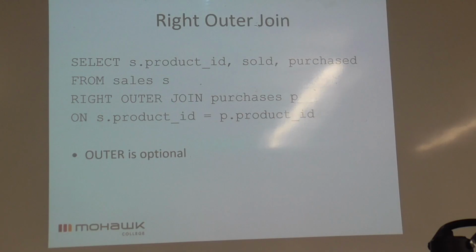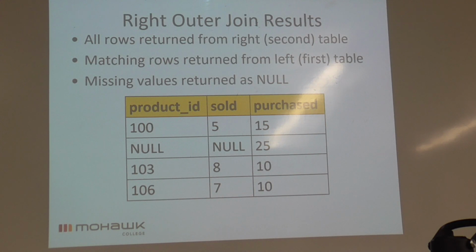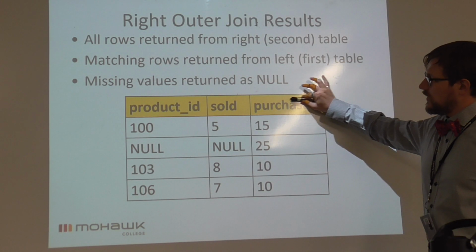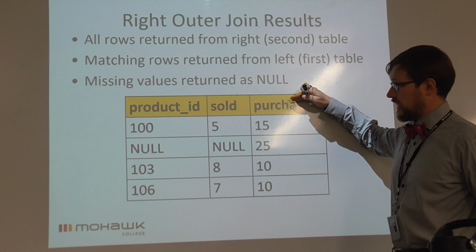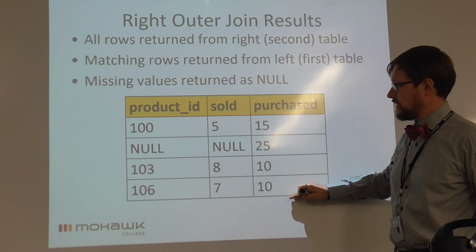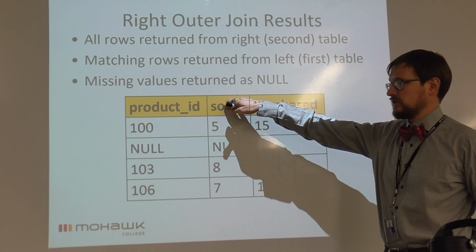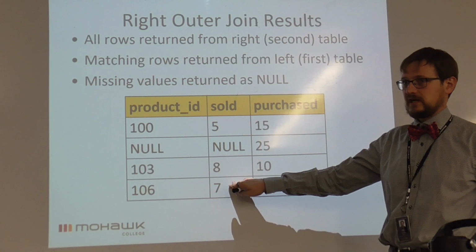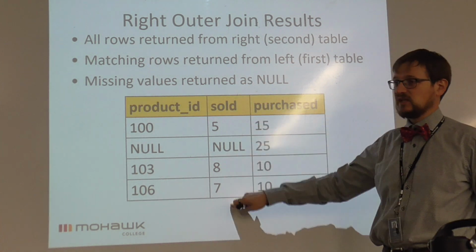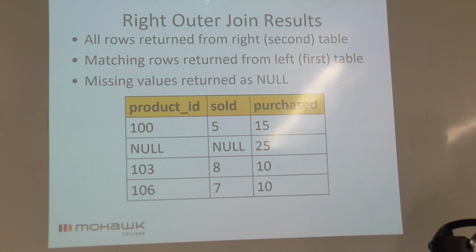Right outer joins are a similar symmetrical process. You may have guessed what the outcome is going to be already. Rather than having optional nulls appearing in the purchased table, we have optional nulls appearing in the sold table. Not table B, but table A can now contain nulls.